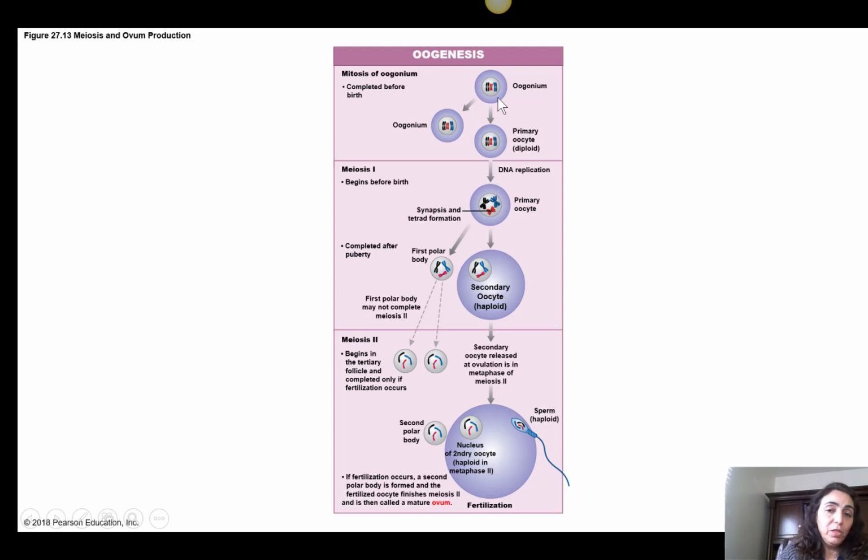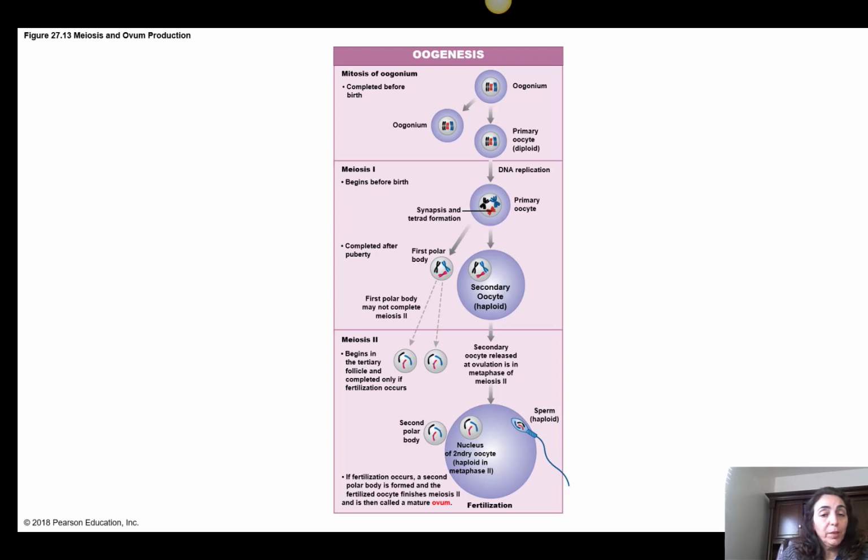The other thing, as we discussed, is to pay attention that from each primary oocyte only one ovum or mature oocyte is produced, compared to spermatogenesis, where from each primary spermatocyte you had 4 complete spermatids, and following that 4 complete sperm were formed. So these are the similarities and differences between male and female gamete production, right?